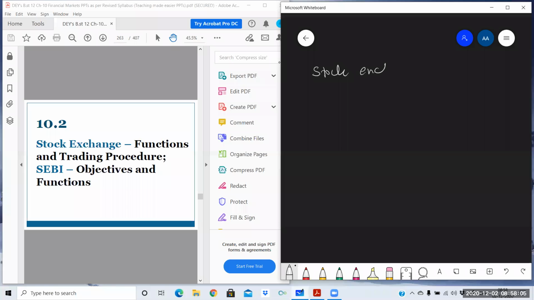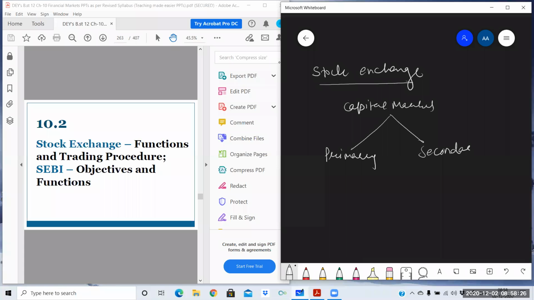Stock exchange. I have already told you that capital market is of two types. In yesterday's class, we discussed that capital market is of two types: primary market, in which securities are created, and secondary market, in which the securities are exchanged.